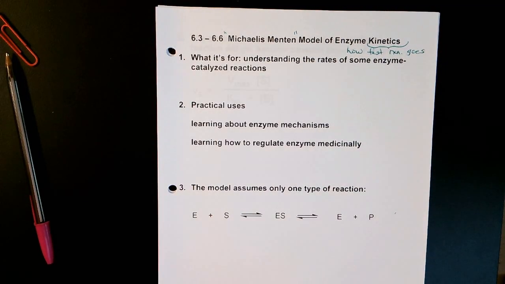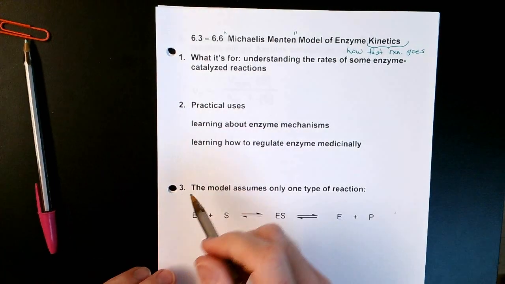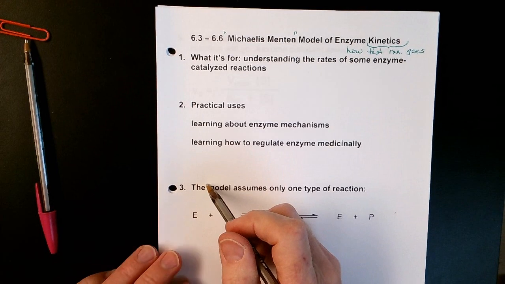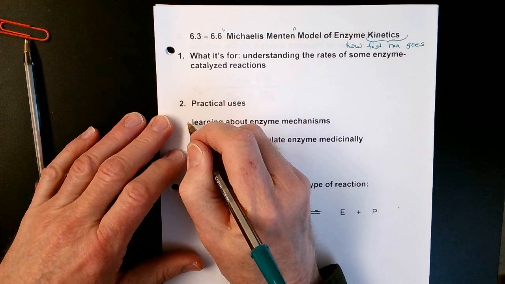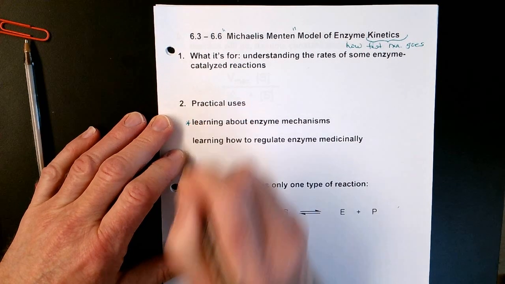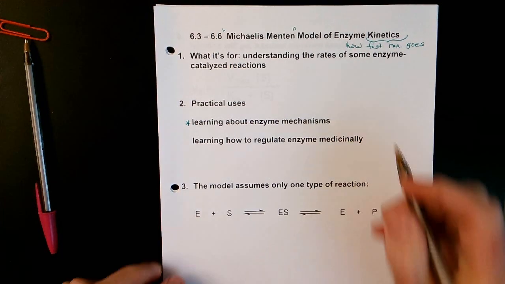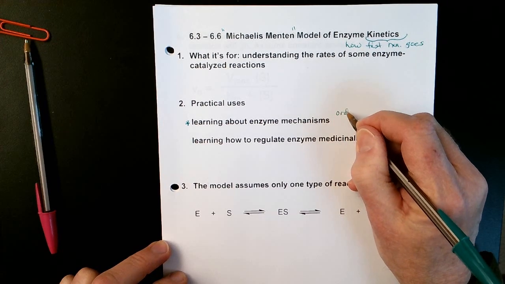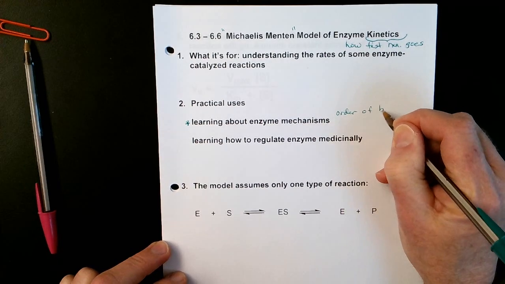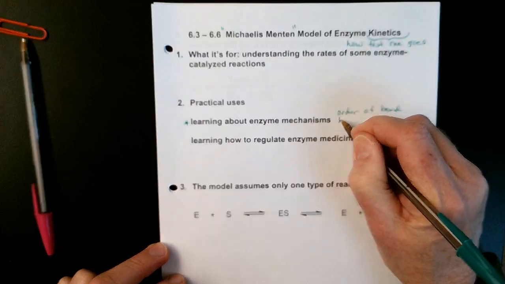It will need to be something per unit of time. All right, we're looking at understanding the rates of some enzyme catalyzed reactions, and there are two practical uses for it. One of them is it'll help you learn a little bit about the actual enzyme mechanism, meaning things like the order of bond breaking and forming.